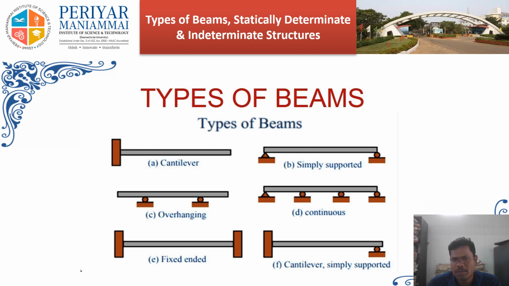In the continuous beam, there are more than 2 supports, so that is called the continuous beam. In the fixed beam, both ends are fixed. And the last one is the propped cantilever beam: one end is fixed, the other end is supported. So these are the types of beams.